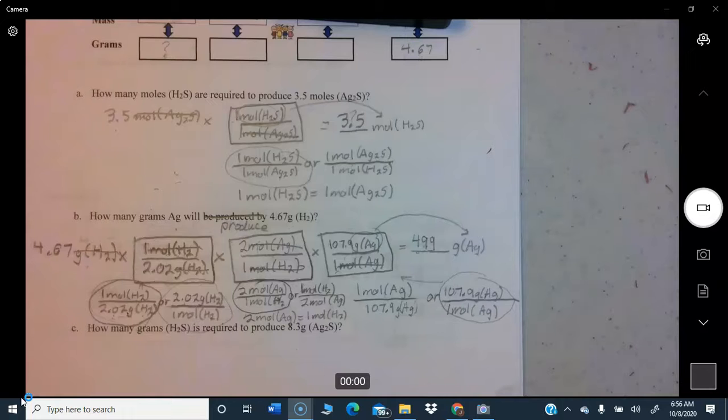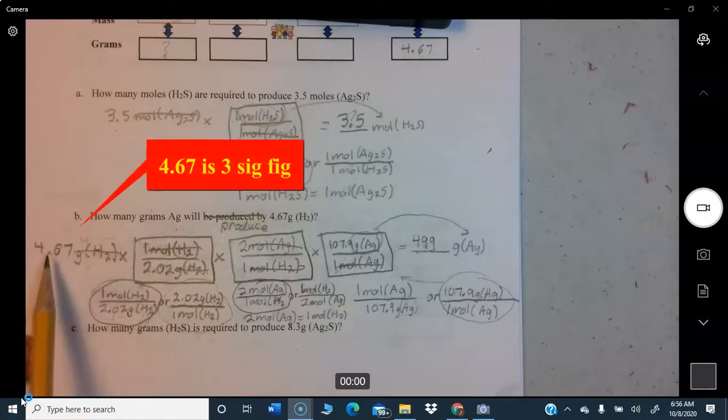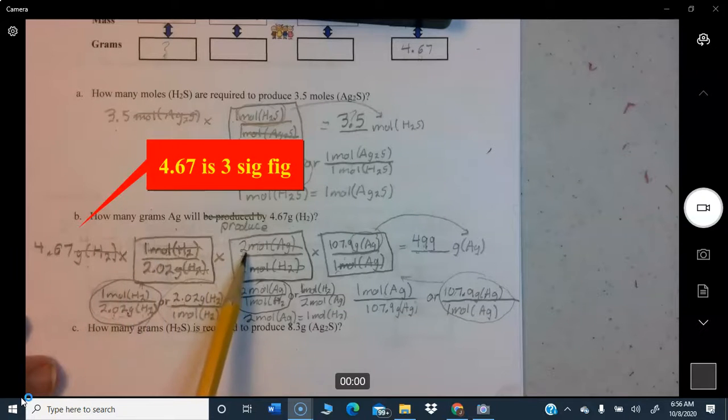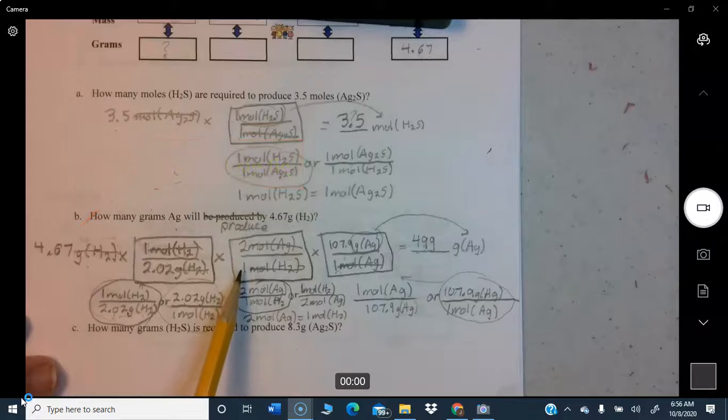Grams of silver. All right, let me make a point, by the way, about significant figures. Whenever it's a measured value, you do have to consider significant figures. 2.02 is 3 significant figures. 4.67 is 4 significant figures. But what about numbers like this, which are simply a relationship between moles and moles?